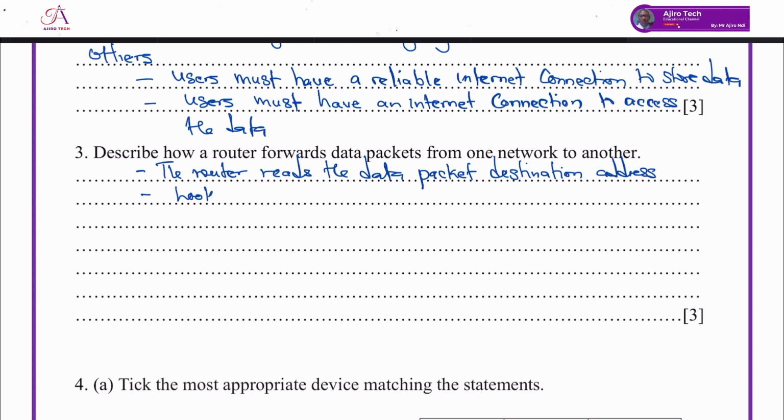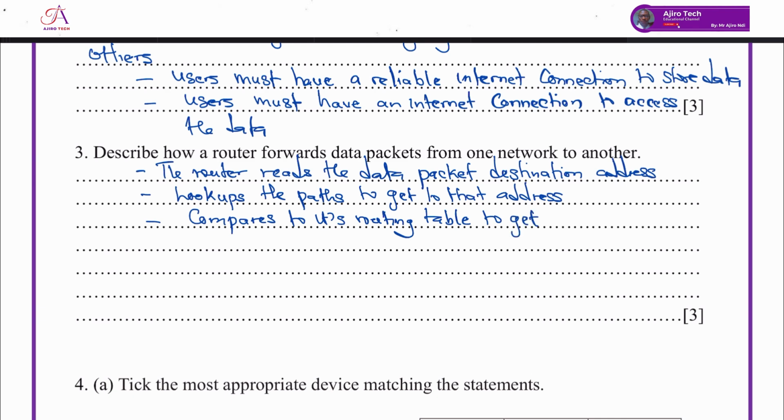The next one is it looks up the path to get to that address. And it compares to its routing table to get to the destination address.